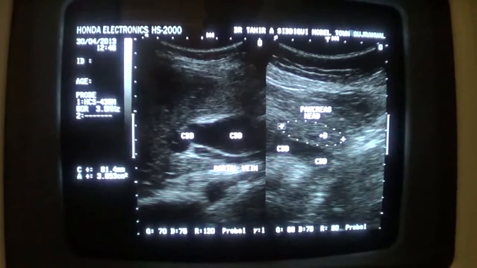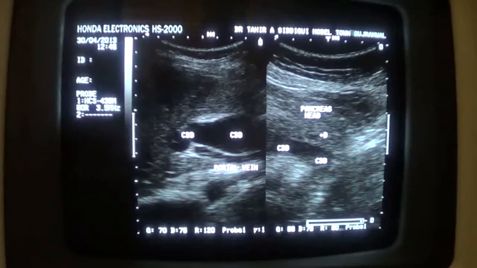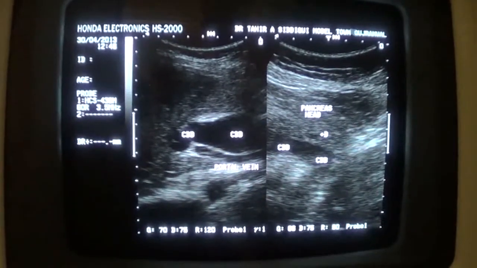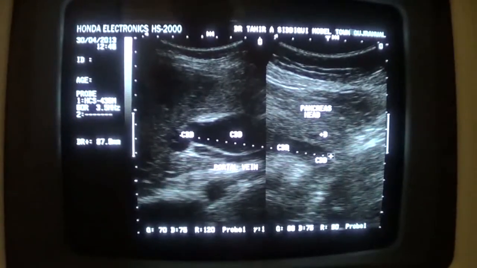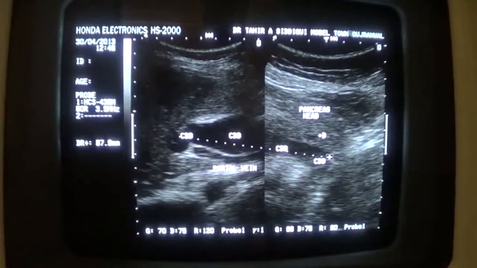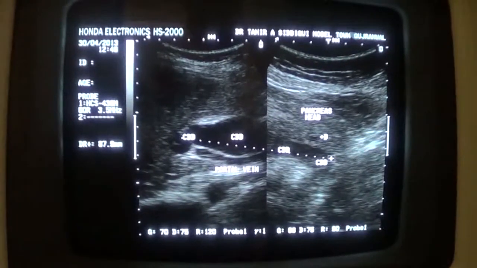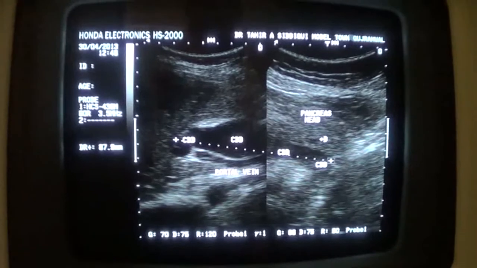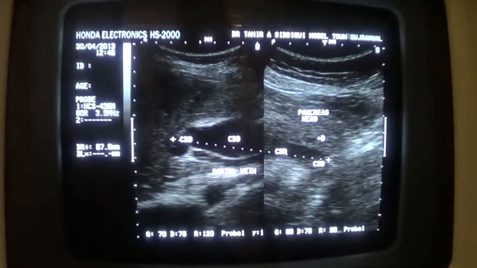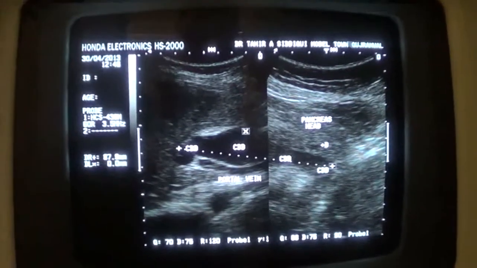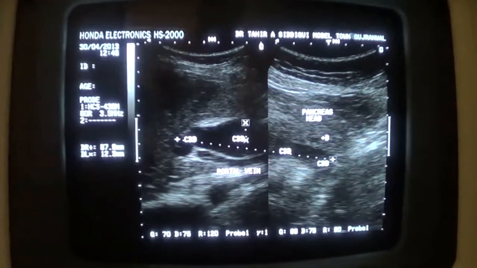Now, the CBD measures approximately 8.7 centimeters in length. If you give the length of the CBD to the surgeon, his life becomes easy, as he can make a proper decision as to how to approach in every patient.